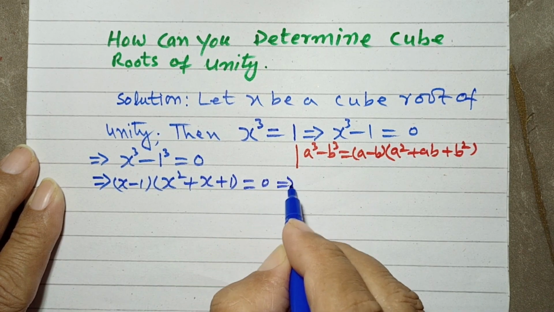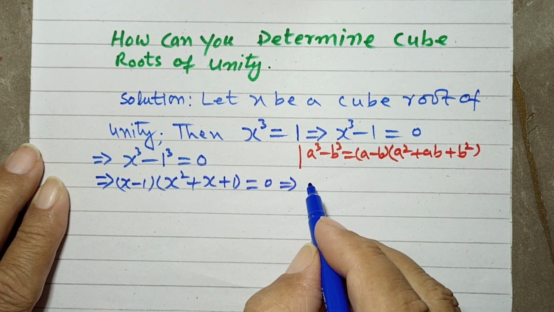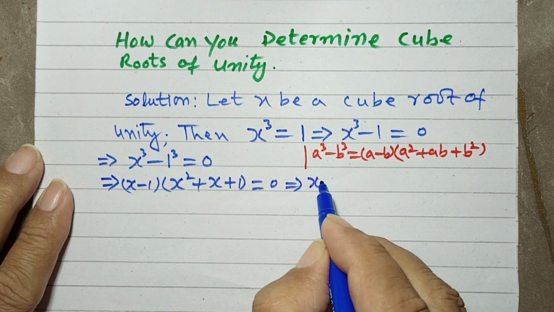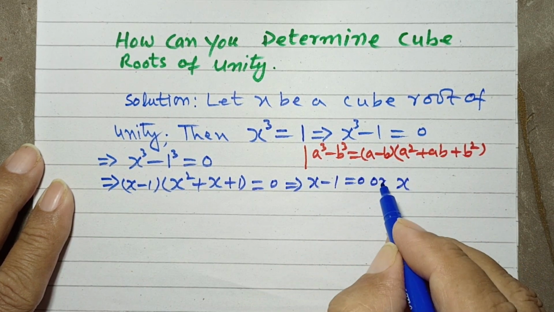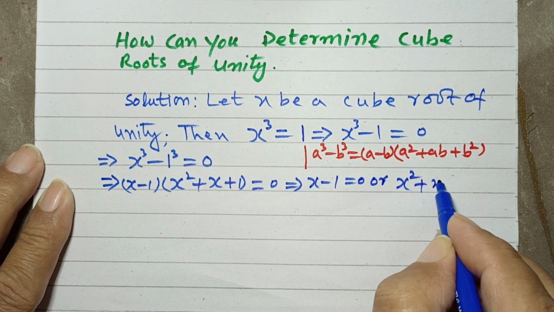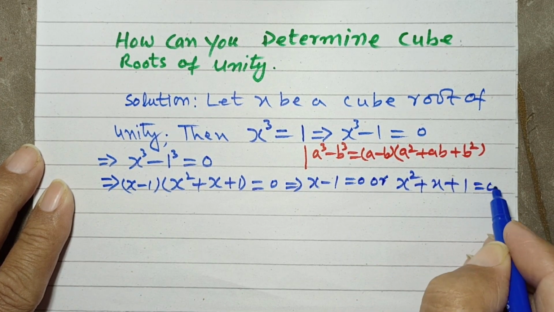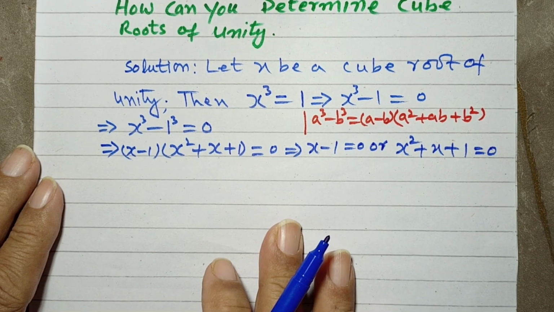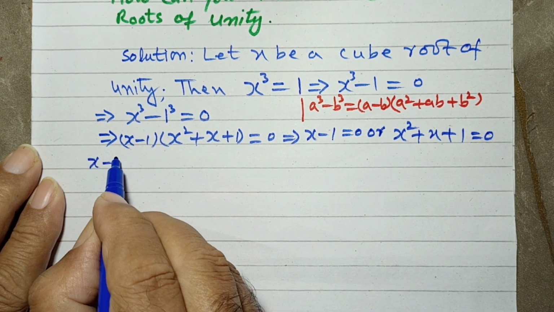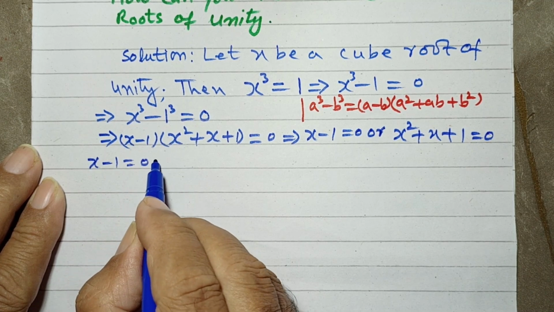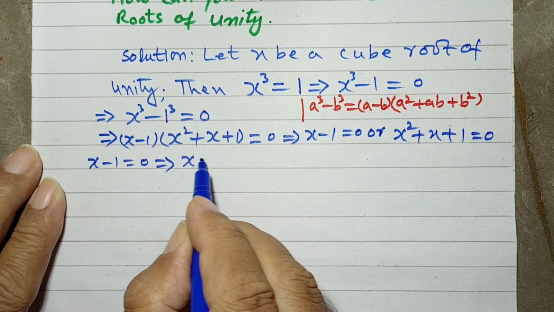This implies x minus 1 is equal to 0 or x square plus x plus 1 is equal to 0. x minus 1 is equal to 0. This implies x is equal to 1.